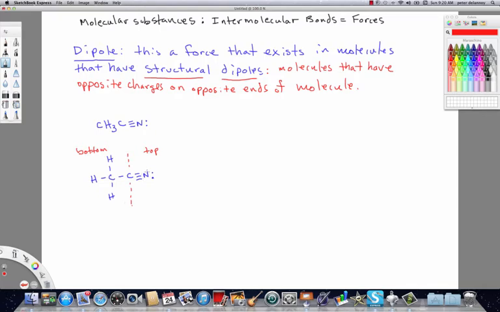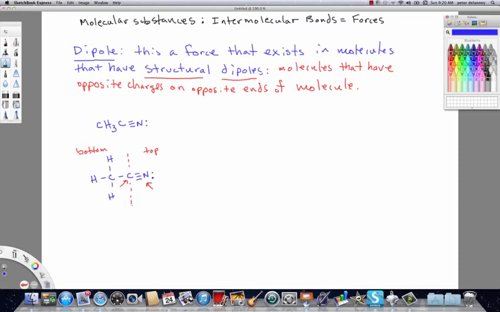All right, and then here's the deal. If we look at the nitrogen, it's in a triple bond with this carbon. The nitrogen is more electronegative than the carbon. And what that means is that the electron density that's in these bonds is going to be shared unequally. It's going to be shifted towards the nitrogen, and I'll put an arrow in here to indicate that.